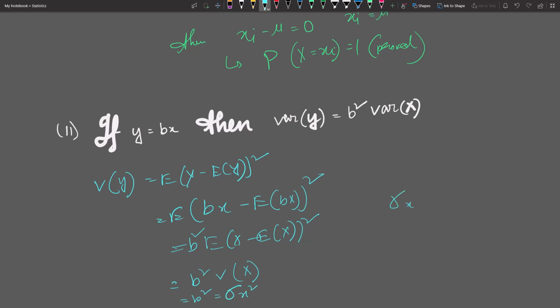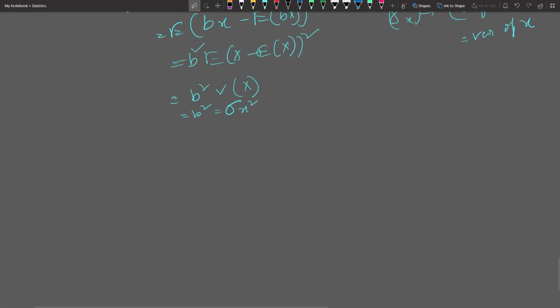Because sigma x, that means standard deviation of x, and the square means the square, and that is variance of x. And then variance of y is equal to b square of V(x), that is, variance of y equals b square variance of x. That is nothing but standard deviation of y is equal to mod of b times standard deviation of x. Proved.